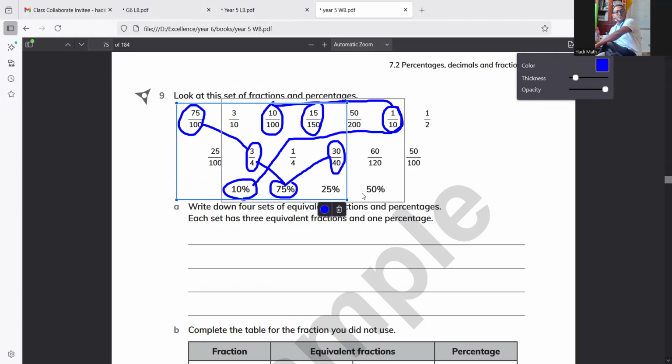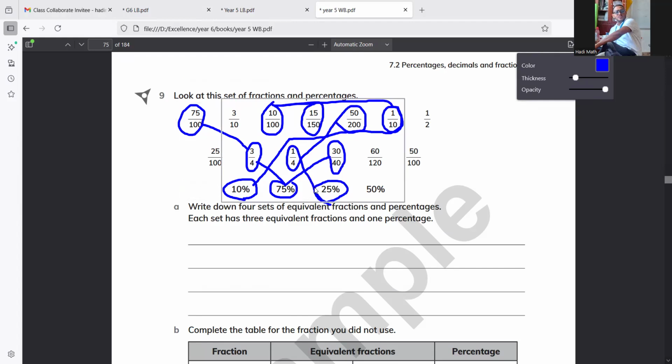Now we need to look at the 25%. The 25%, we see it goes with which group? Exactly. This percentage is 25%. The 25%, we know it goes with the 1 over 4. Then we need to see another one. It looks like this one also goes with them. Okay. Then what else goes with them? It also goes with them. The 25 here.